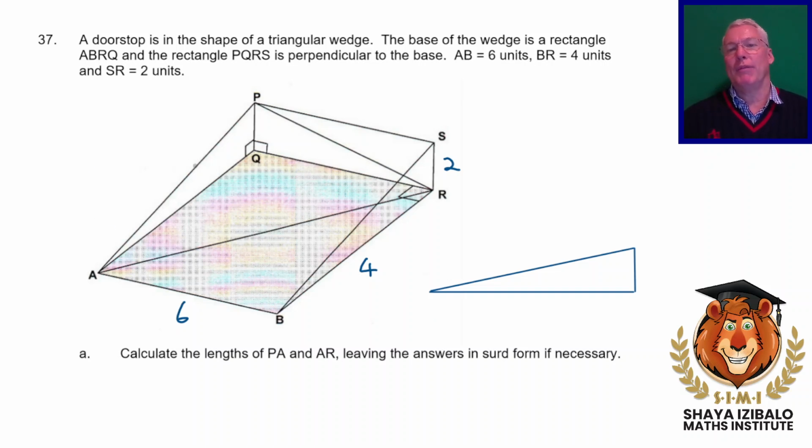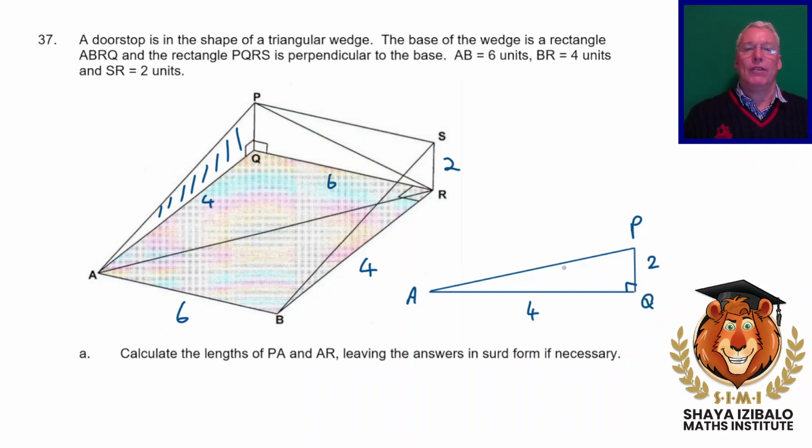There's A, there's P, and there's Q, and we've got a right angled triangle, and we know that this is 2, and we know that this is 4. That's 4 there, that's 6 there. So PA is actually going to be very straightforward.